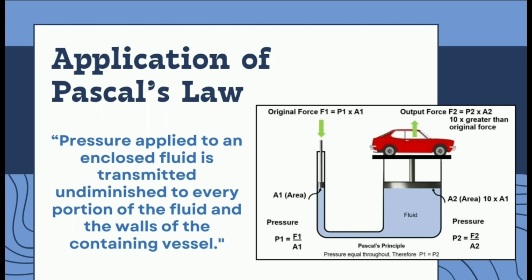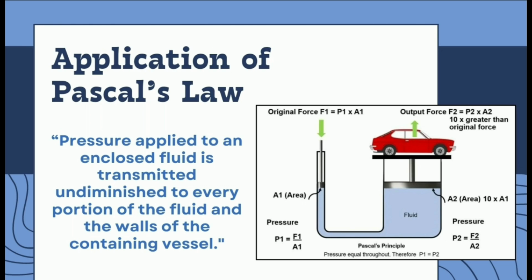This pressure is transmitted equally through the incompressible fluid to a larger area, A2, generating a larger force, F2 equals P2 times A2. Since the pressure is equal throughout, P1 equals P2, therefore the output force F2 is 10 times greater than the input force F1. This allows a small force to lift a heavy object like a car.